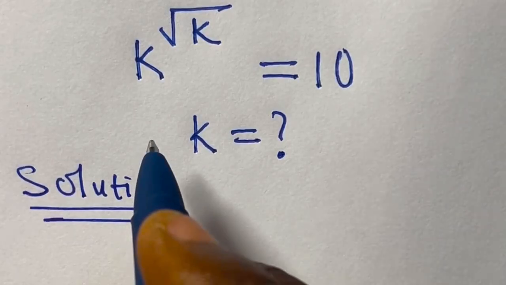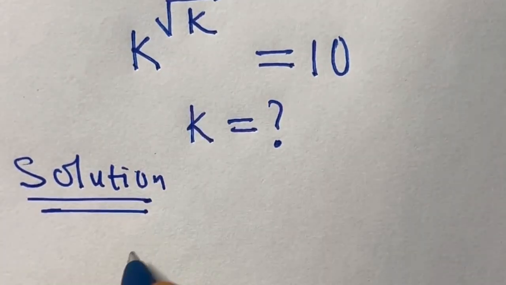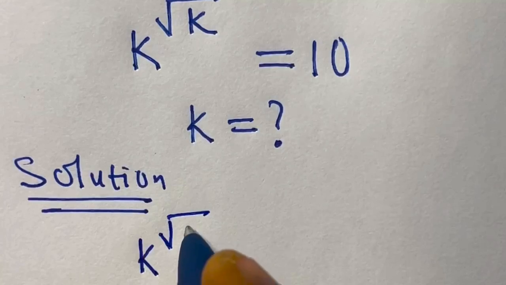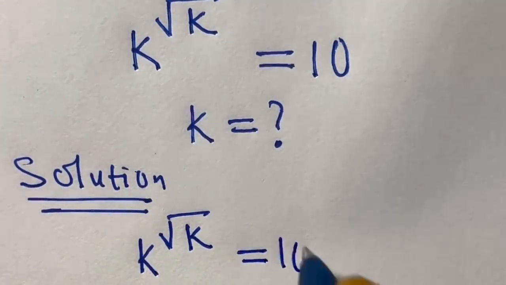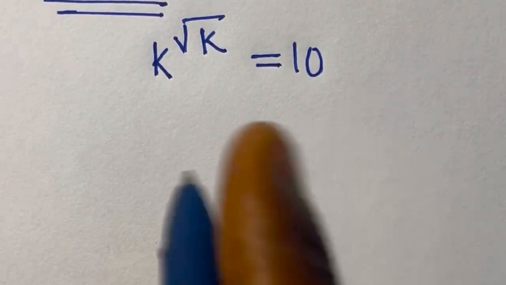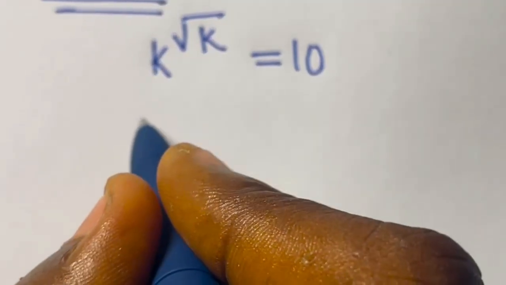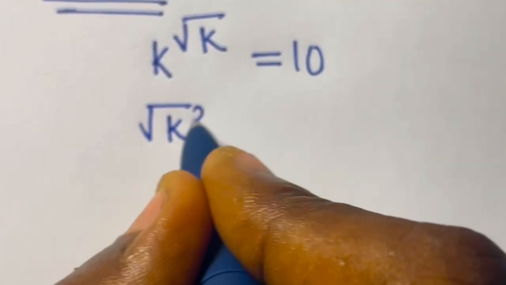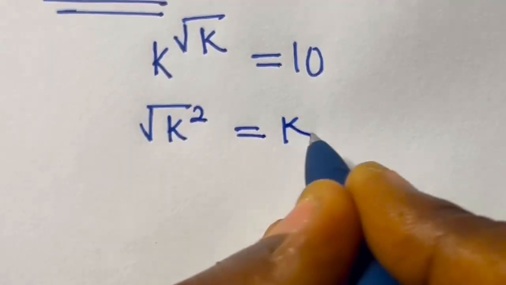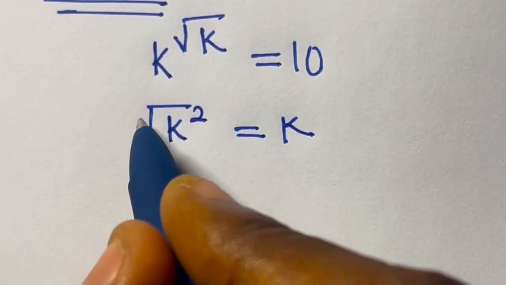What we have is k raised to power square root of k equals 10. However, you have to note something here: if you say square root of k squared, this equals k, because the square cancels the square root.